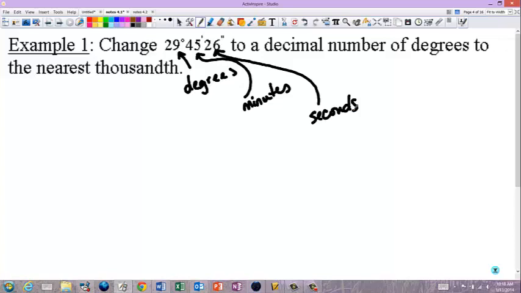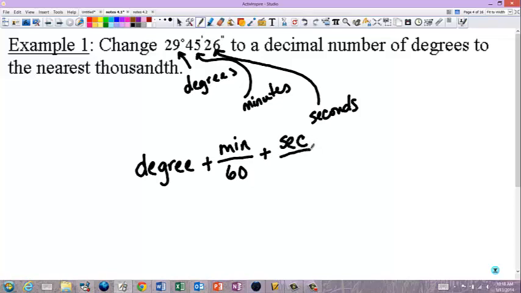Well, it works just like time. It's your degrees plus the number of minutes divided by 60, because there are 60 minutes in a degree, and then the 26 seconds divided by 60 times 60, which is 3,600.